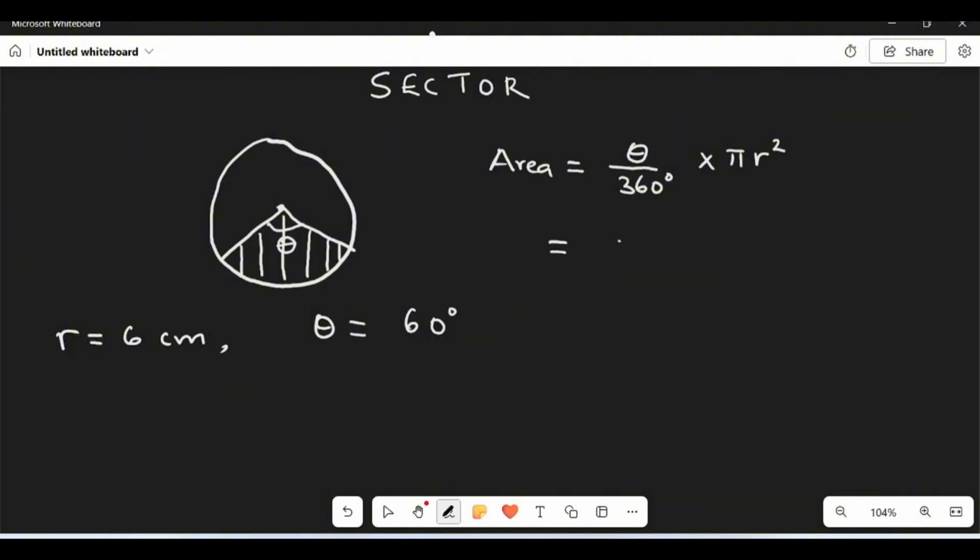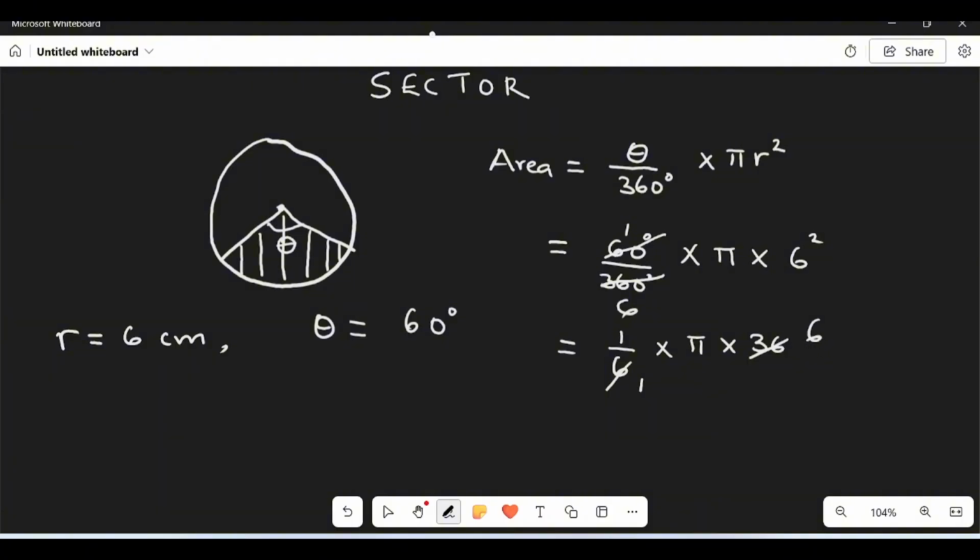So, equal to 60 degrees over 360 degrees multiplied by pi multiplied by 6 raised to power 2. 60 here 1, 60 here 6, and we can rewrite it as 1 over 6 multiplied by pi multiplied by 36, because 6 raised to power 2 is 36. 6 here 1, 6 here 6, and pi multiplied by 6, we are going to get 6 pi centimeter square.